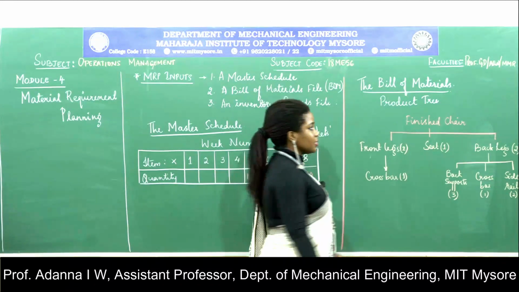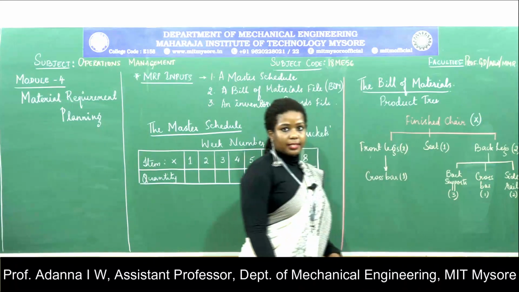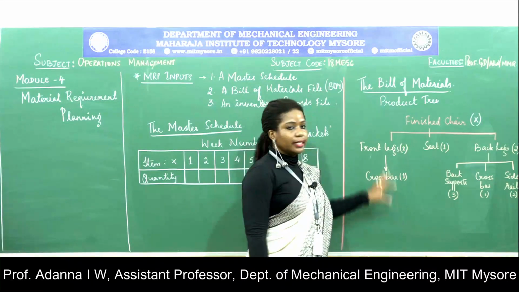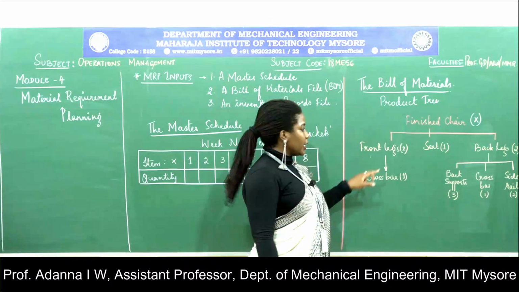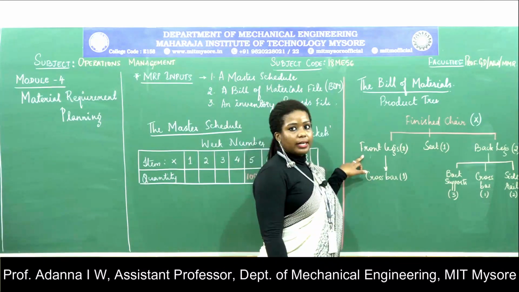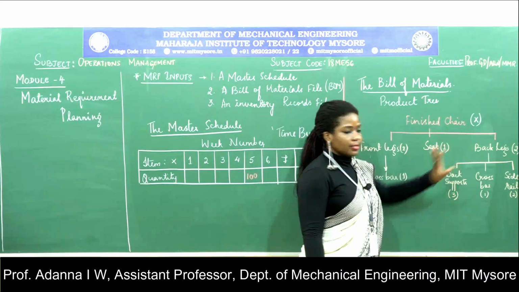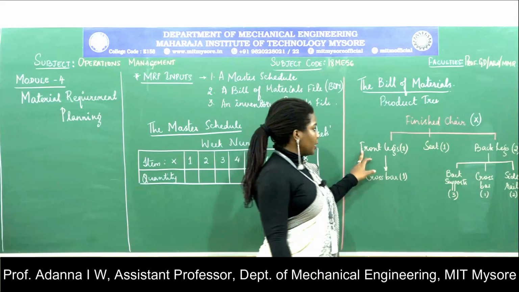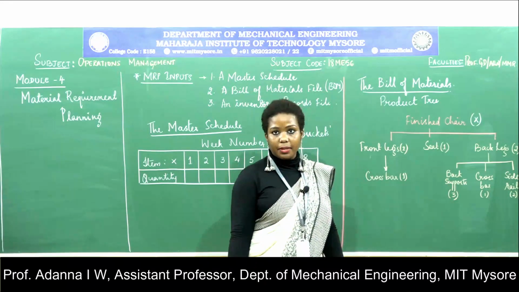For me, I am considering this to be item X. Now every unit of the finished chair, this tree is given for a single unit. Every unit of the finished chair requires 2 front legs, 1 seat, 2 back legs. This is the requirement of item X. This is the basic requirement.